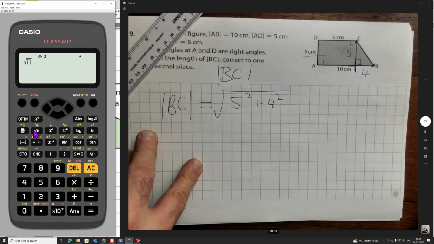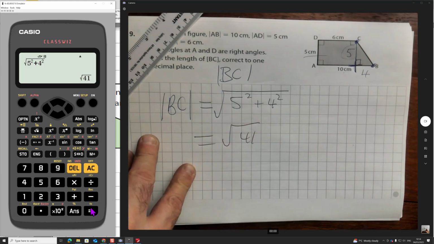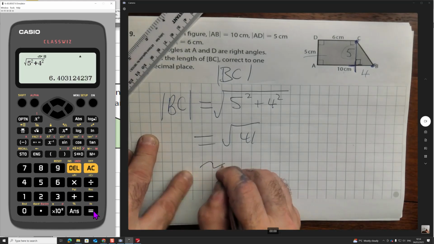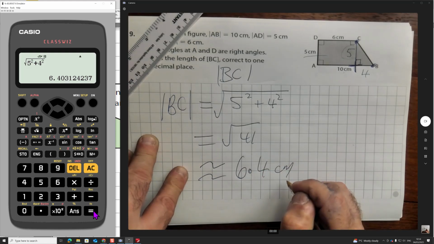We're square rooting 5 squared plus 4 squared. We're shift equaling, and it's approximately equal to 6.4.